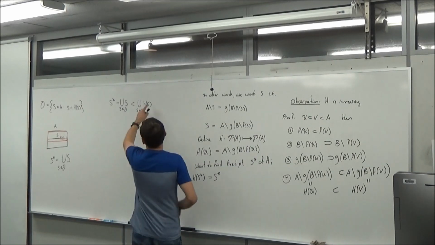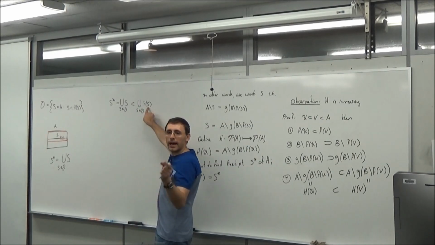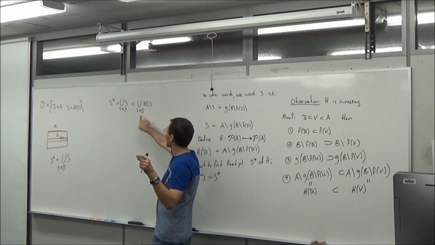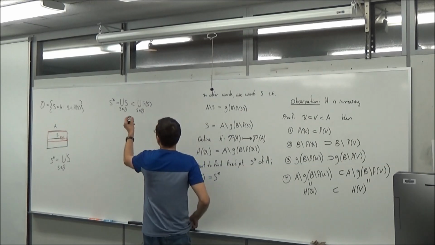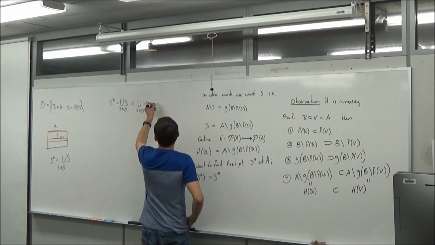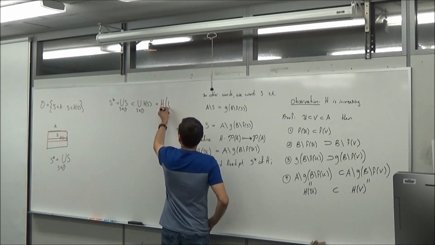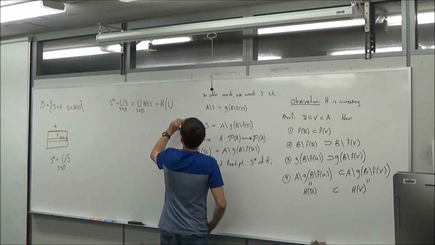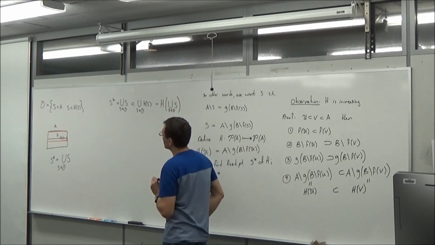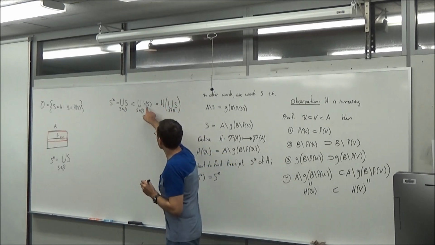Do you see that this union means apply H to all the points in S for all the S in here, which means that's the same exact thing as applying H to all the things in O? Yes? Do you see that this and that are the same?